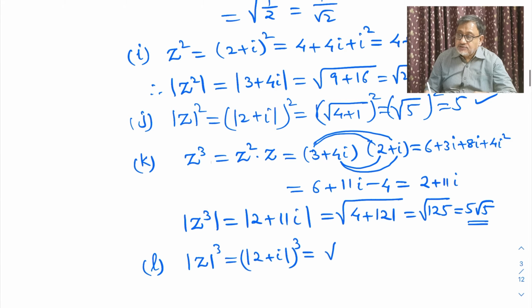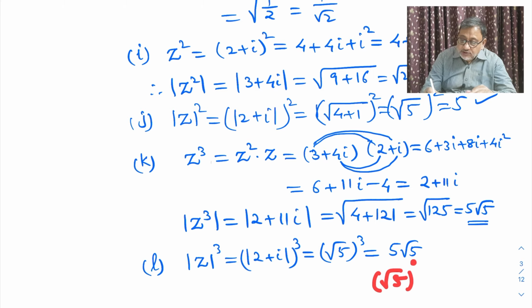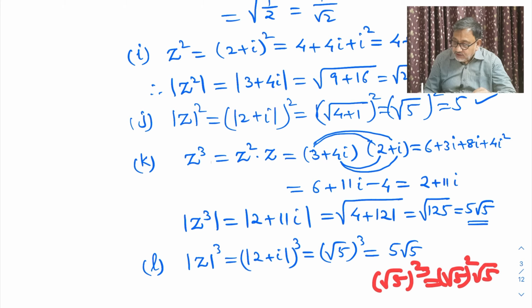So I will write square root of 5 cube. Square root of 5 cube will be 5 root 5. I hope you understood this. Okay. So look here, square root of 5 cube will be square root of 5 square into square root of 5. Square root of 5 square will be 5, so 5 root 5.